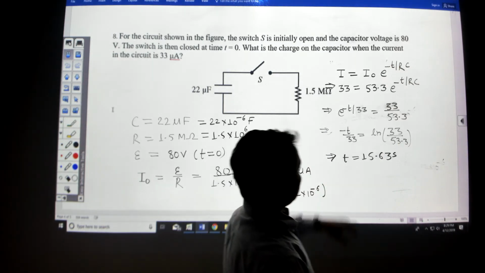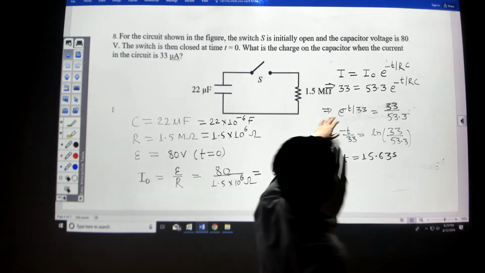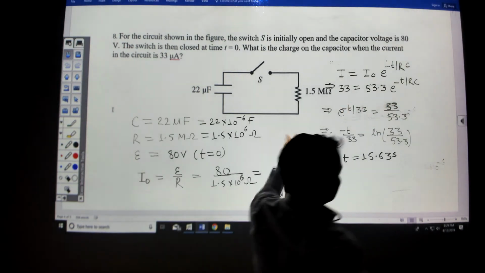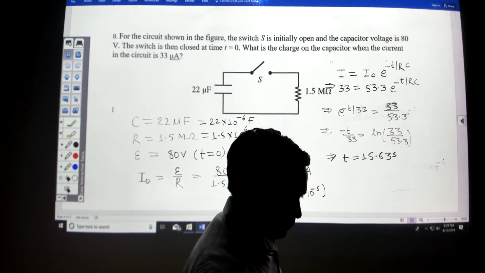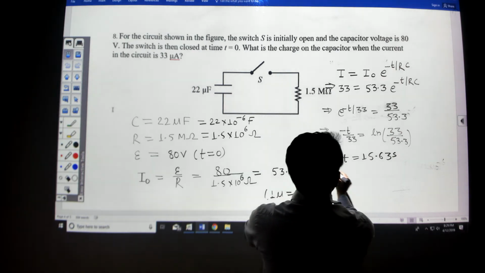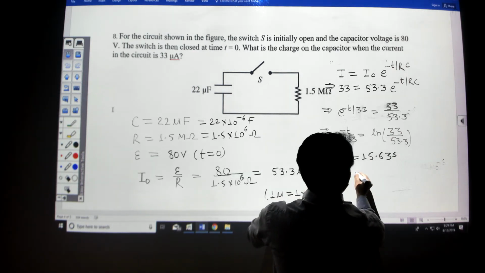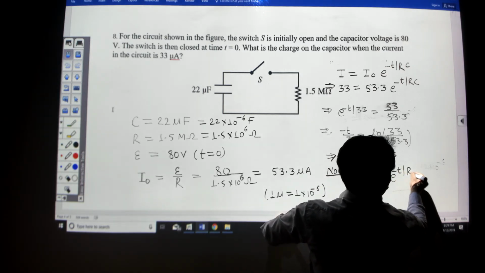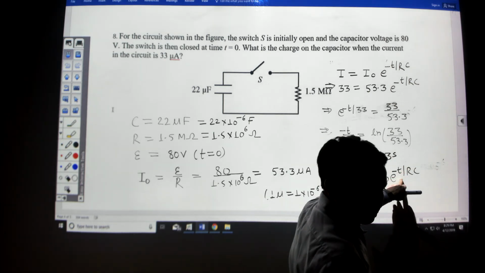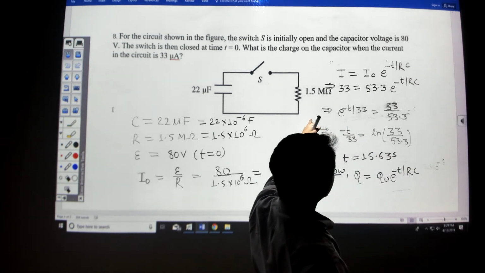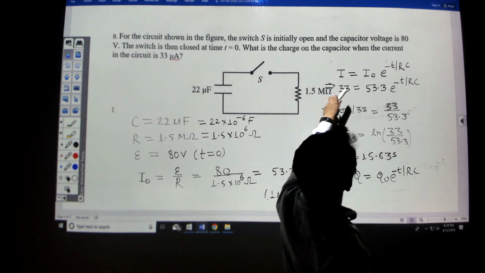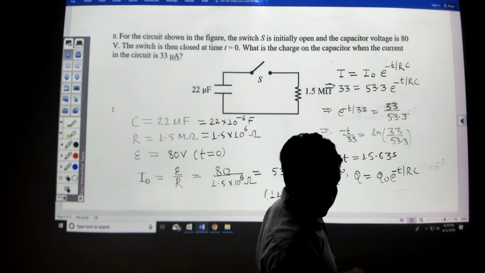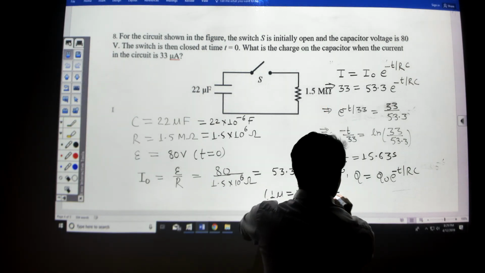So this is the time it takes for the current to go from 53.3 microampere to 33 microampere. We know the time now as well. So how do we find out the charge now? The charge can be given by the same formula: Q is equal to Q naught e to the power minus t over RC. Everything we did was just to calculate this time, because we did not know the time. This formula helped me calculate the time, because I know the initial current when the time is 0, and how long it takes to get to 33 microampere. Just plug it into this equation now.